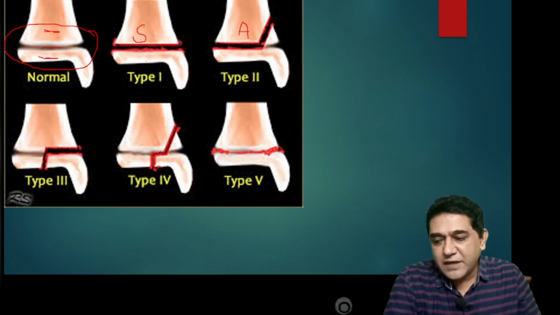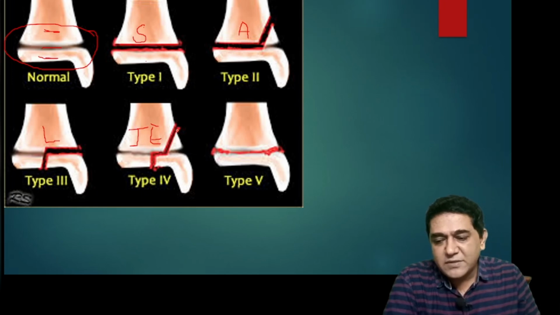In type 3 fracture, there is involvement of the physis and it is going on the lower side involving the epiphysis. So this is the type 3 fracture, and the type 4 fracture is passing through everything.